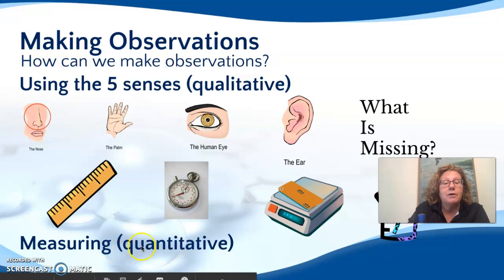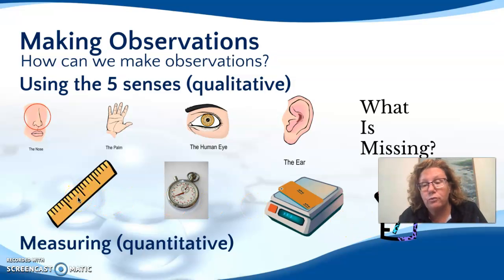Quantity means numbers. So anytime you're using something that has numbers, such as the measurement on a ruler, the measurement of time, all of those are quantitative observations. So if I say the plant is 5 millimeters in length, well, that's a small plant, but that is still a quantitative observation.